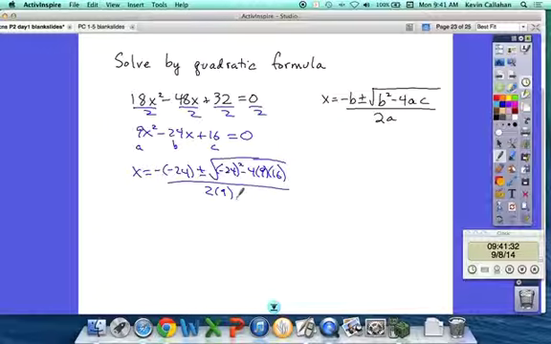Now, I know you don't have calculators in your hand to do this for yourself. But if you did, negative 24 squared minus 4 times 9 times 16 is 0. It's 576 minus 576, 0. Which means our answer is positive 24 plus or minus 0 over 18.